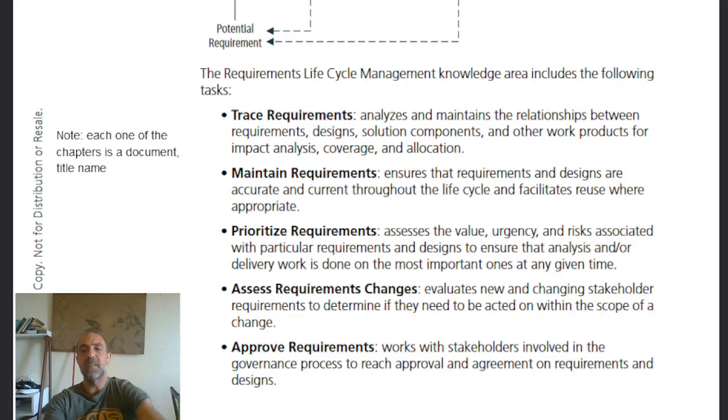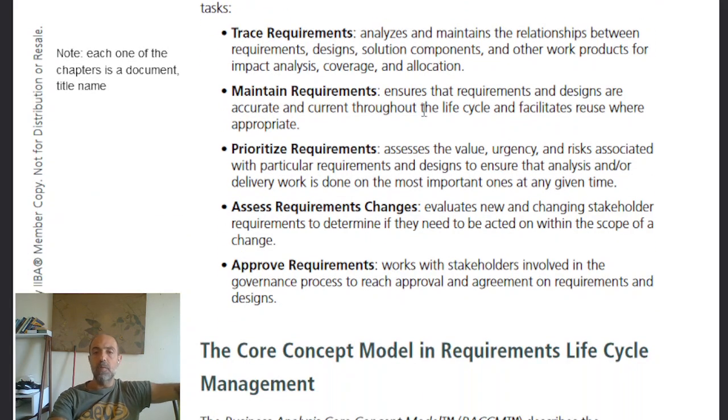Trace requirements analyzes and maintains the relationships between requirements, designs, solution components, and other work products for impact analysis, coverage, and allocation. We'll get to that later, but ultimately, trace requirements is the analysis and the maintenance of the relationships. Maintain requirements ensures that requirements and designs are accurate and current throughout the life cycle.